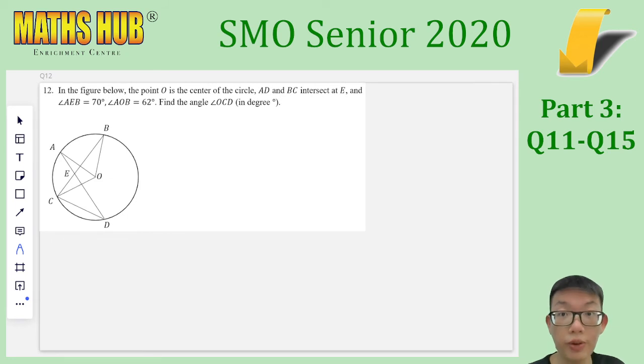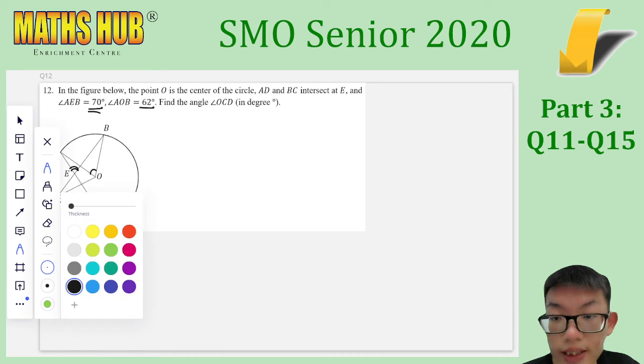Next up is question 12. This is a circle geometry question. O is the center, and we are given a couple of angles. AEB is 70 degrees, and AOB is 62 degrees. So we're asked to find the angle OCD.